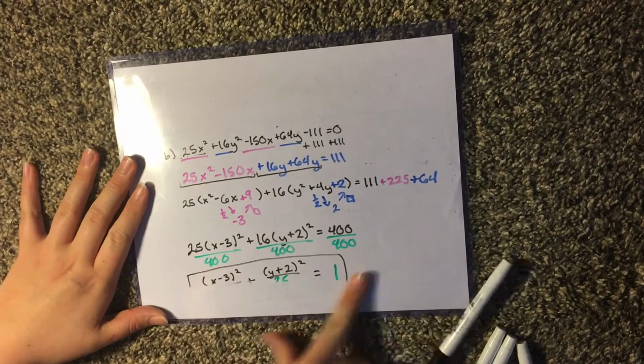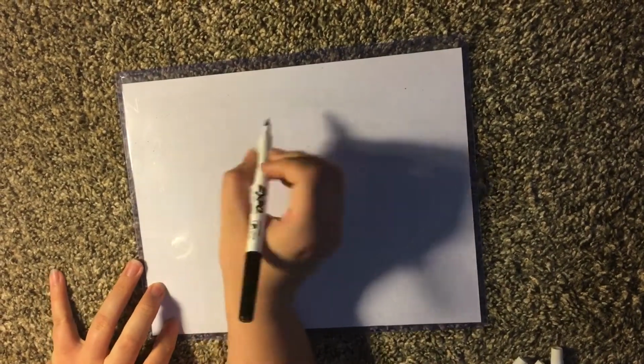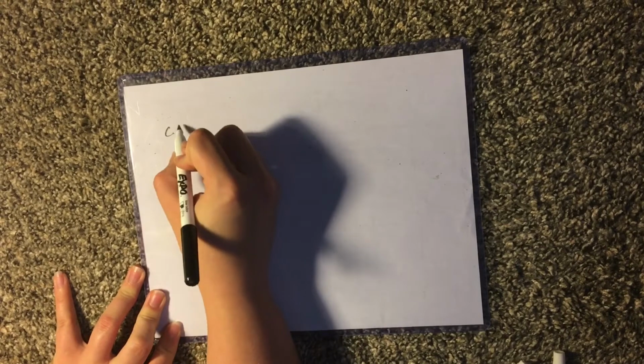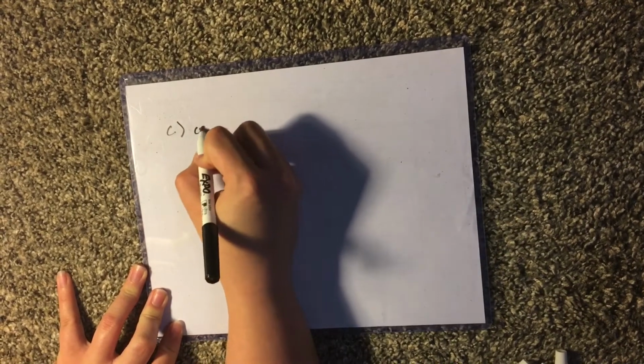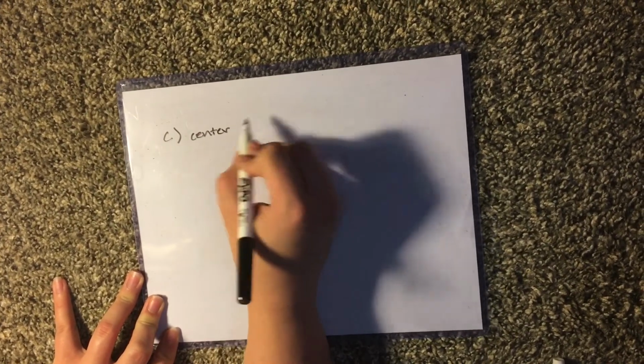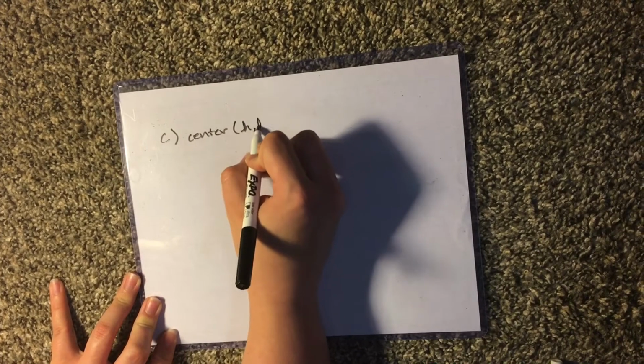Perfect. Now, I should have gotten a cloth for this, but it's fine. I can do C, which is find the center. I know that the center of my ellipse is actually just going to be (h, k).